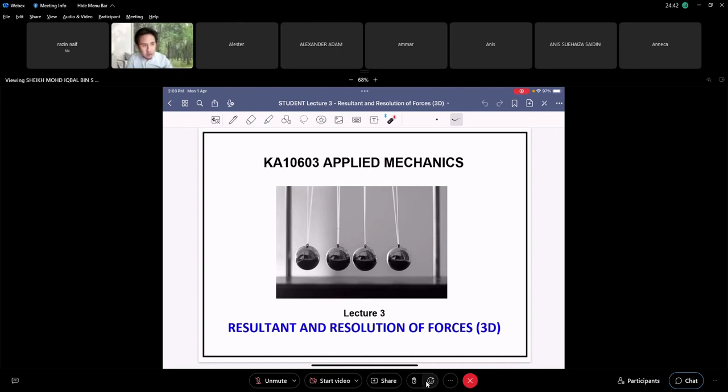Now we have X, Y, and Z. Before, in 2 dimensions, you could only go upwards, downwards, left, and right. Now you can go up, down, left, right, and forward and backward as well. So we have an additional axis, a 3 dimensional axis.